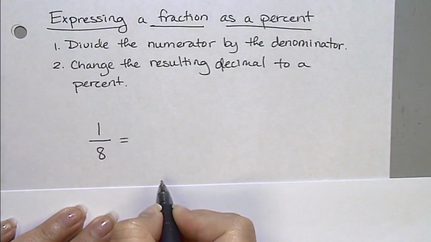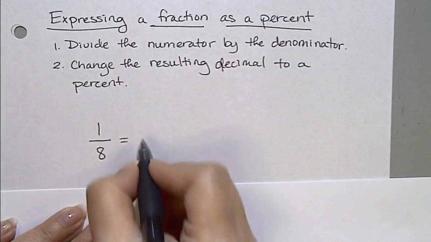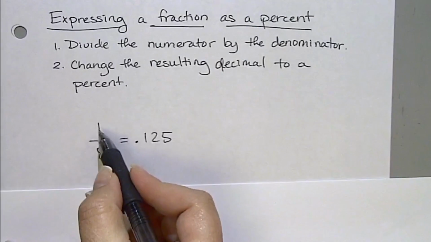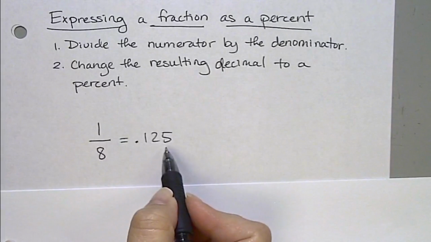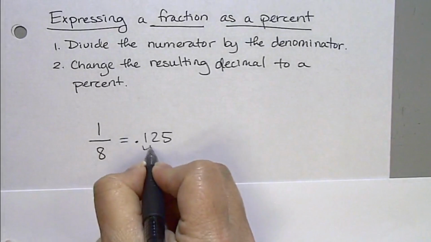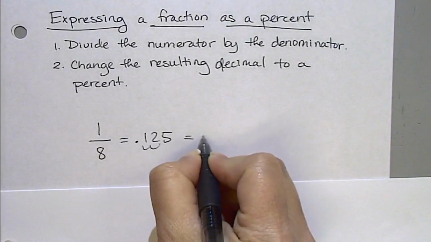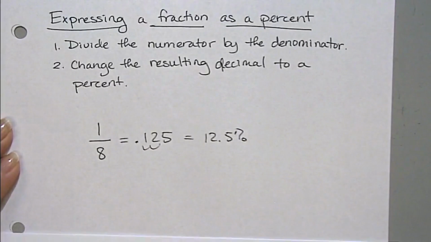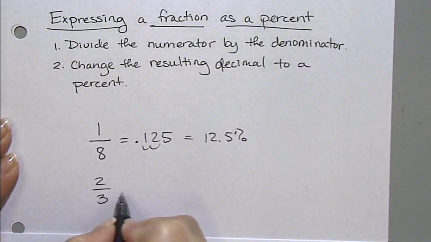Using your calculator, what do you get? 0.125. But now you have to change this decimal to a percent. So move it 2 places to the right, and you get 12.5%.